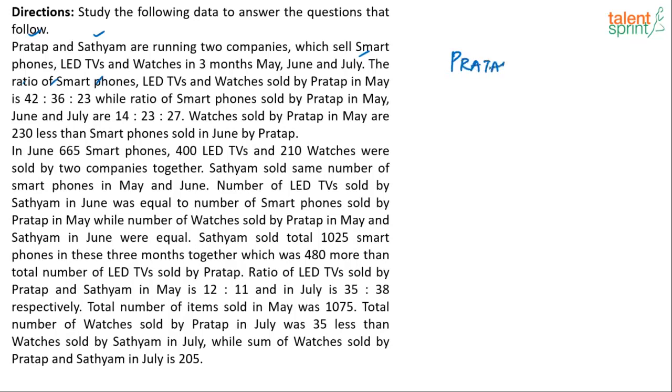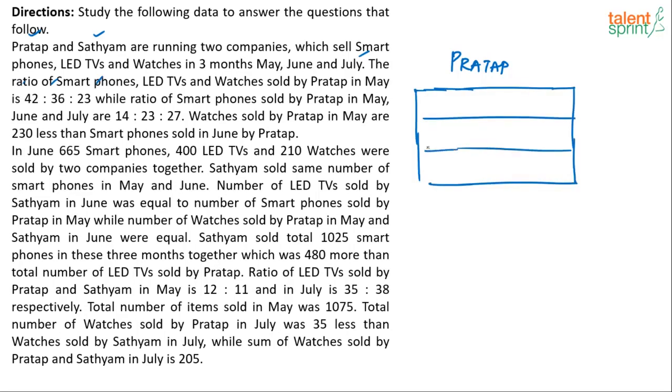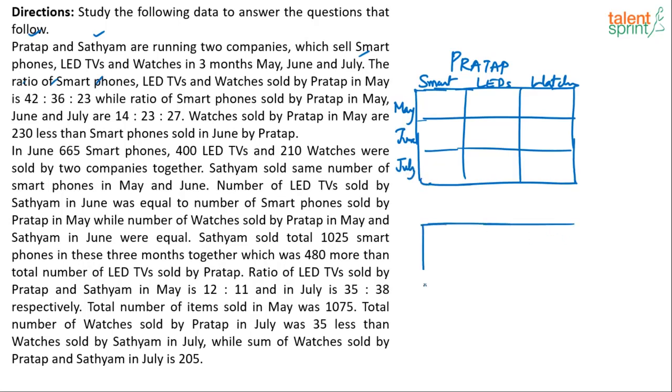Pratap here, for whom we are trying to get the data. So I think a 3x3 grid is what we are looking at, where we have smartphones, LEDs and watches, and the months are May, June, July. A similar table for the other guy, who was Satyam, right?